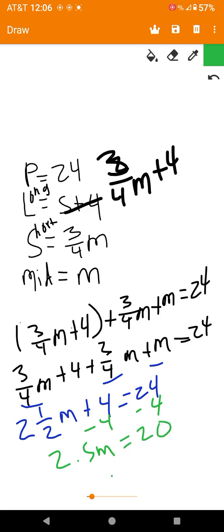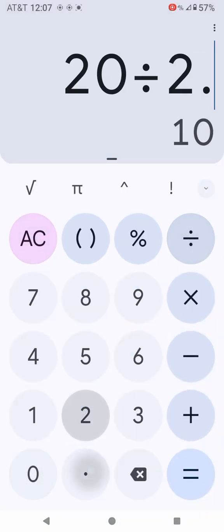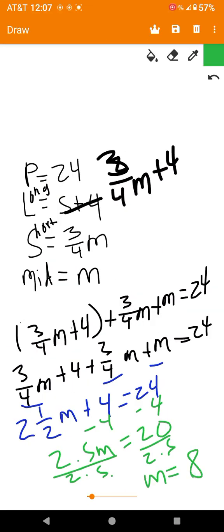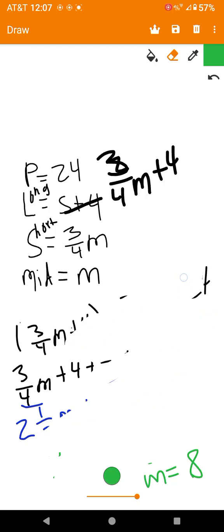And then we're going to subtract 4. So we have 2.5m equals 20. Divide by 2.5. And we're left with m equals 8. So m equals 8.